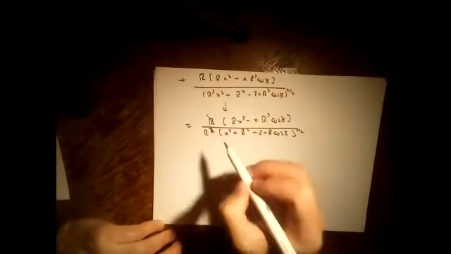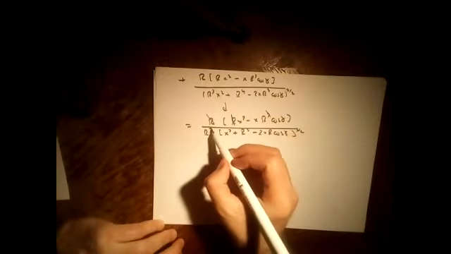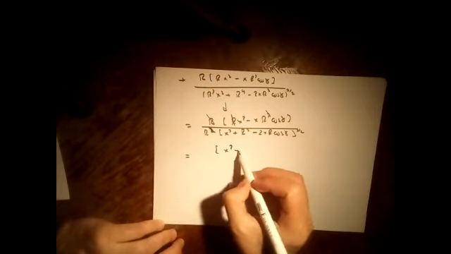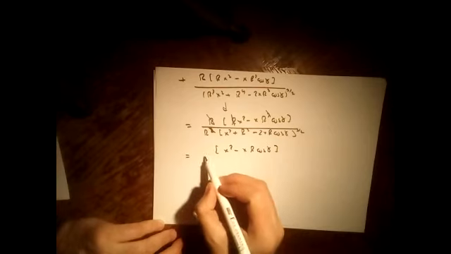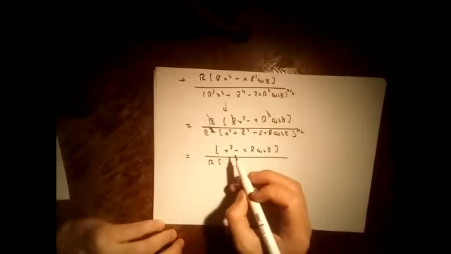So r squared, okay, and then what we're left with here is x squared minus xr cosine gamma divided by r. And you know what?